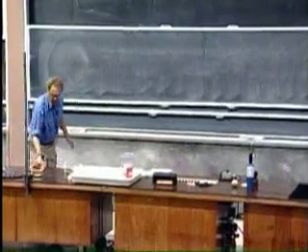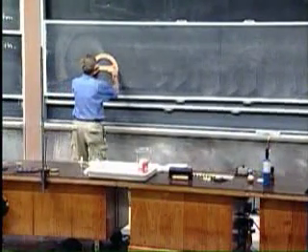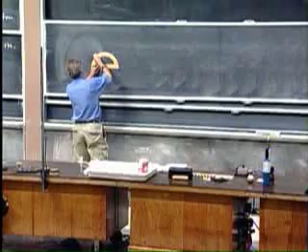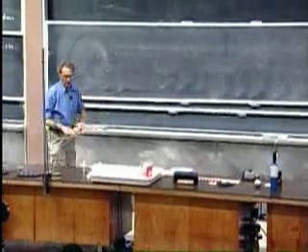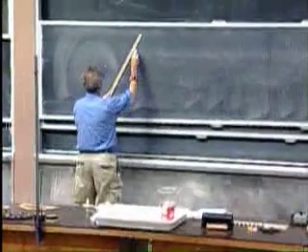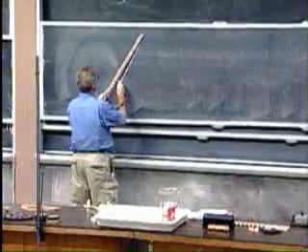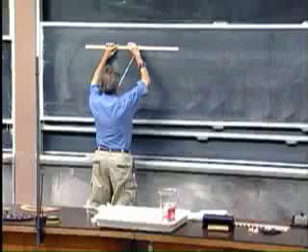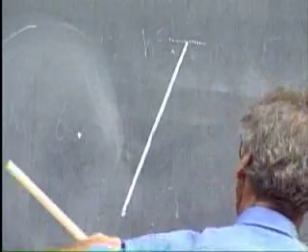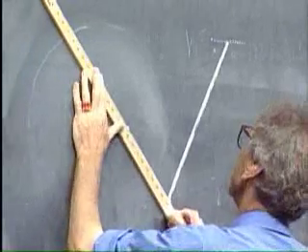One string makes an angle of 60 degrees with the vertical, and the other makes an angle of 45 degrees with the vertical. So this is the one that makes an angle 60 degrees with the horizon, 30 degrees with the vertical. And this one, 45 degrees.